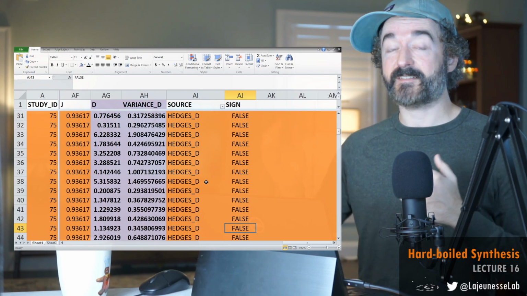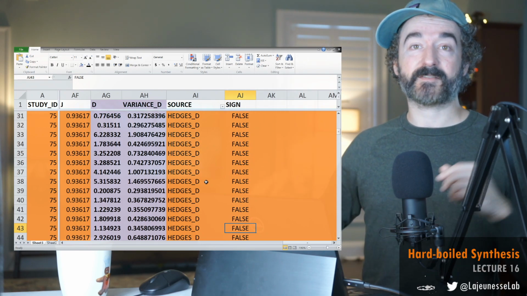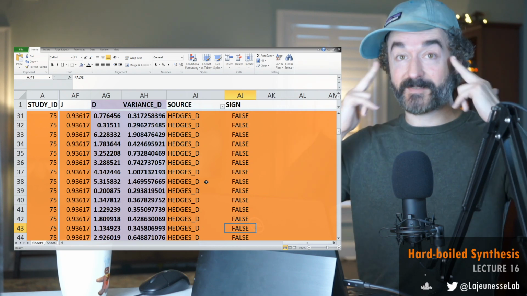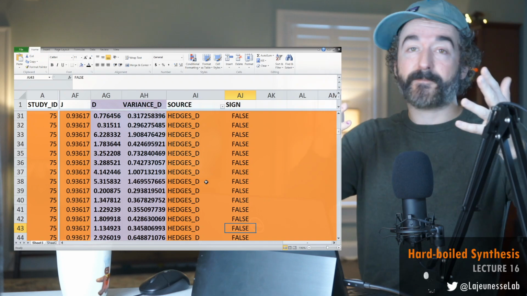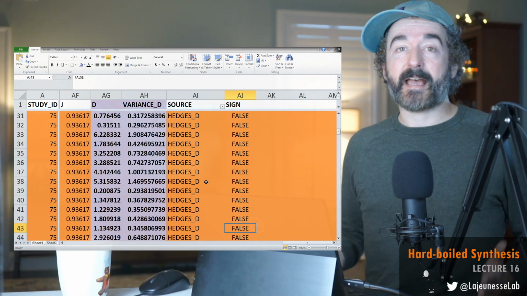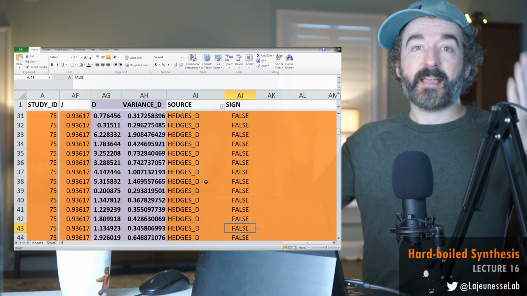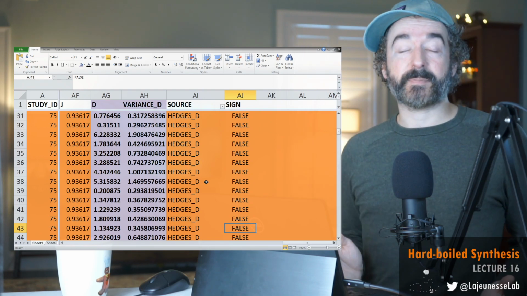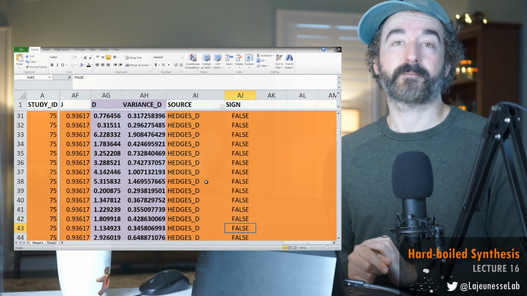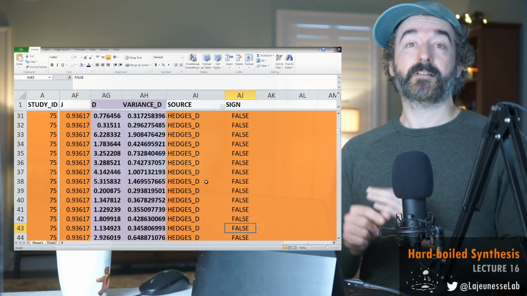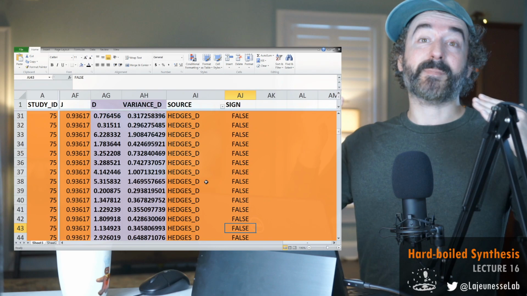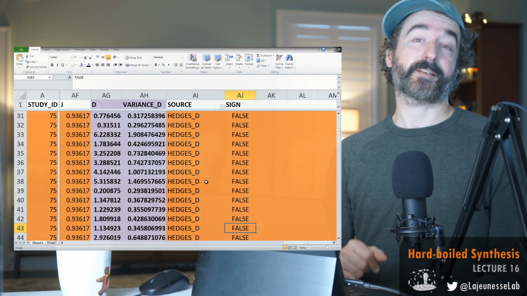So I like to give a good pass over all my effects to make sure they're in the right direction conceptually. If, for example, I was looking at mortality effects, everything that was reported as survivorship effects would get their sign changed, so that everything becomes a mortality effect again.